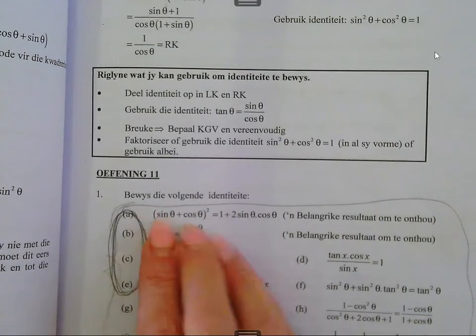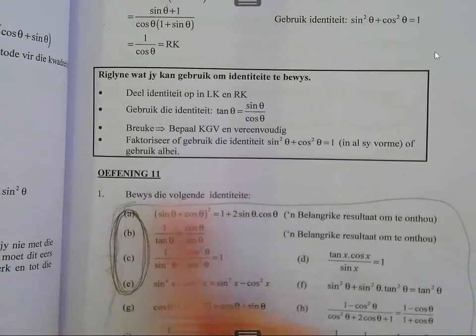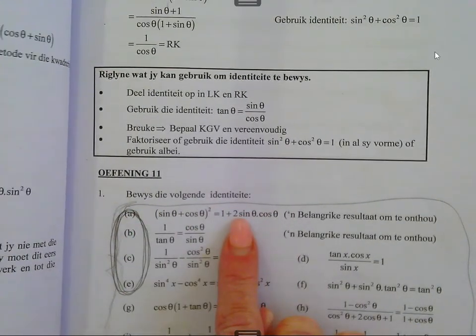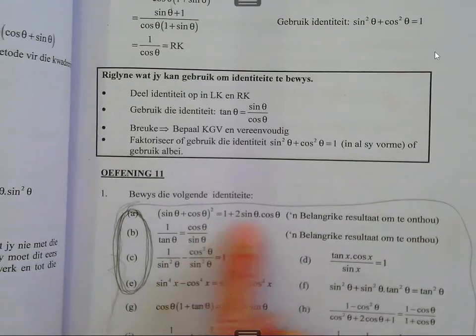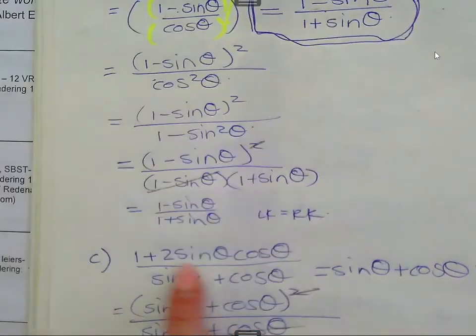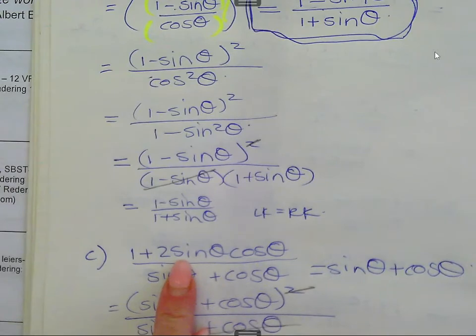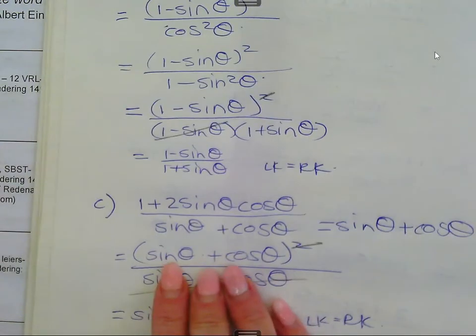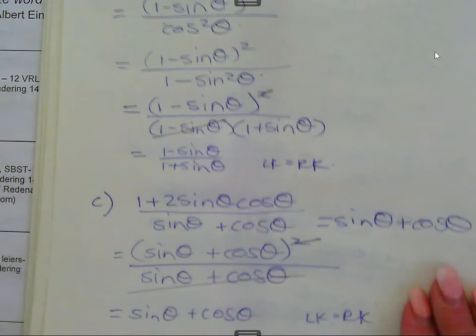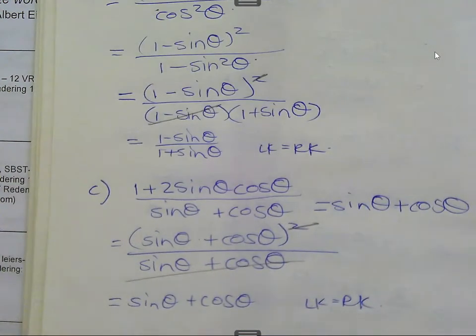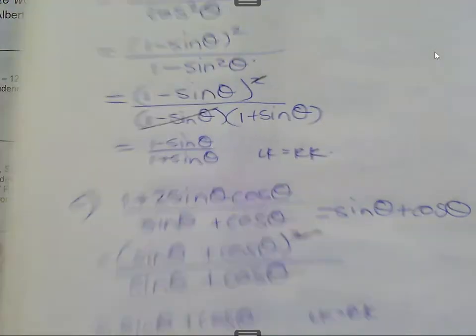But we started from the left side. We changed the left side to look like that one. So they wanted you to see that 1 plus 2 sin theta cos theta is what's there at the top. And then you can substitute it with that bracket. So that's never going to happen. But then the rest, it just cancels out. And then you get the right answer. So I'm not going to let us waste time on that.